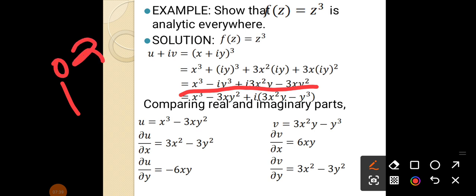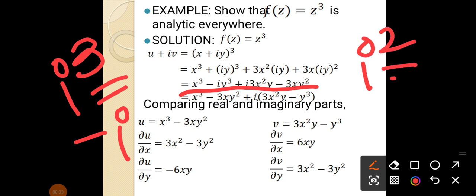The value of i cube is equal to minus i. Okay, we are putting the value of i cube equal to minus i, and y cube as it is, plus i 3x square y minus 3x y square. We put the value of i square equal to minus 1 in the last term.